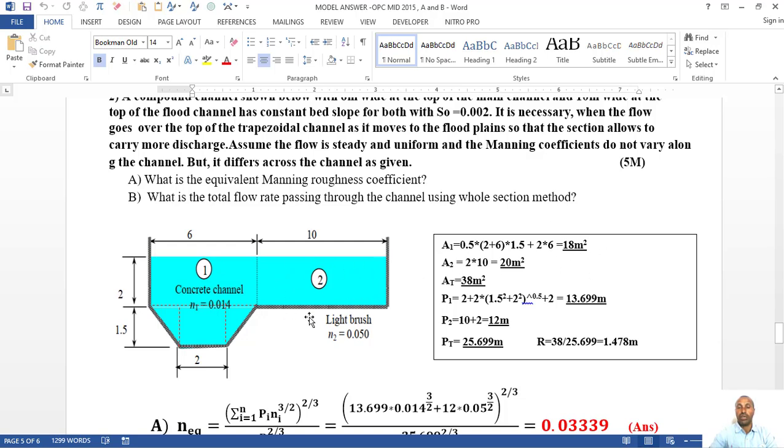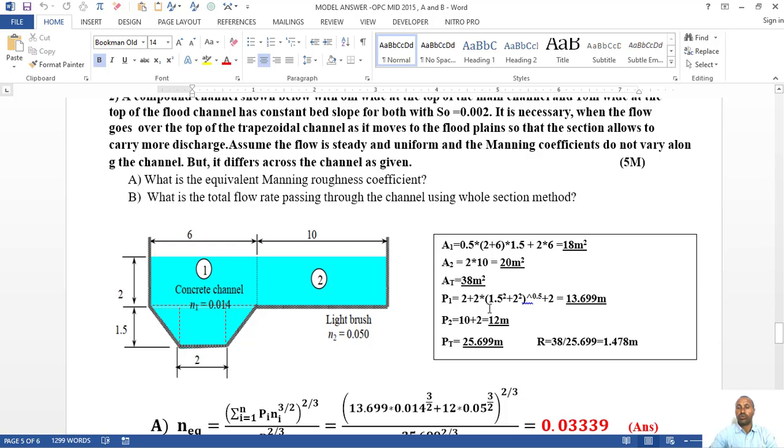For this second area, you have 2 times 10. You have 10, then 2 meter depth, 20. Total area, you have 38 meter square. Then P1, again, P1 is just the perimeter of the main channel, the concrete channel. You have 2 meter depth, this one, 2 meter depth.